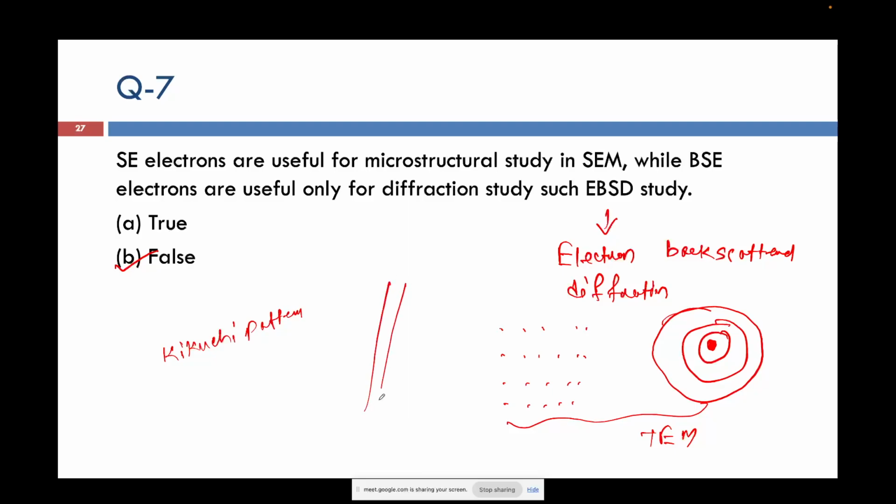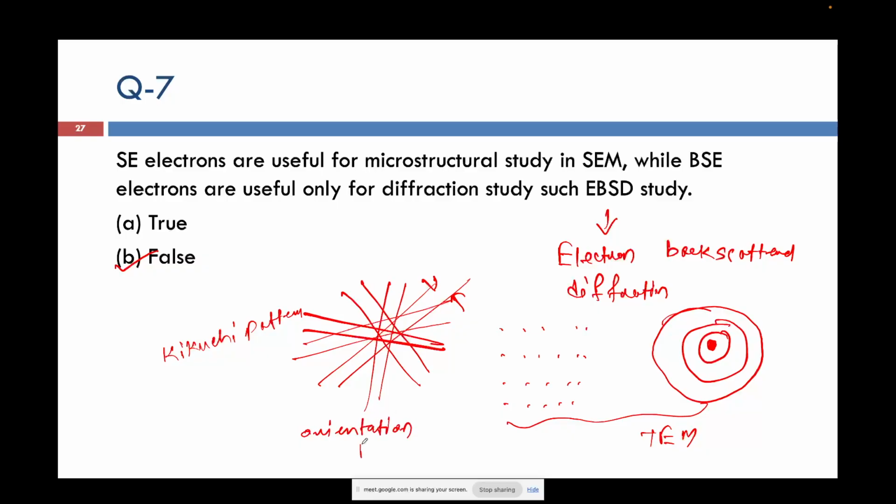So Kikuchi lines will be there, different sets of paired lines. The distance between different paired lines and how they are oriented will give us orientation information. So that is the Kikuchi pattern, called Kikuchi diffraction.